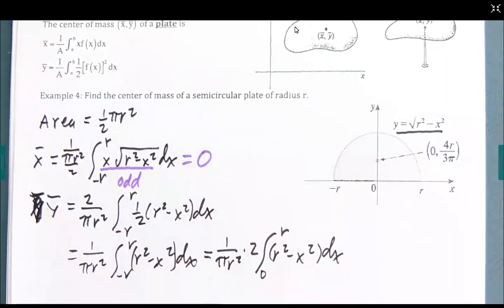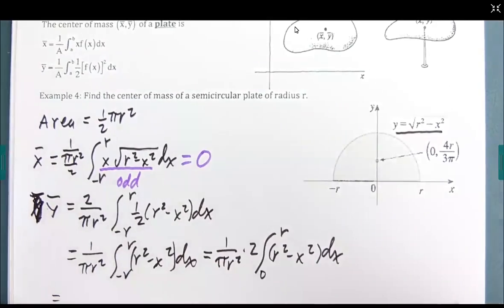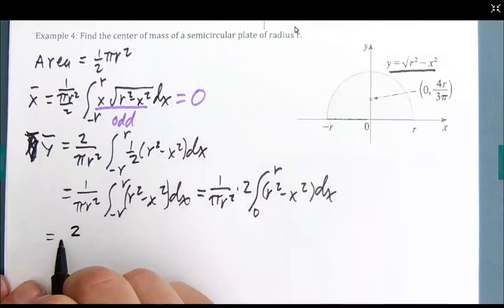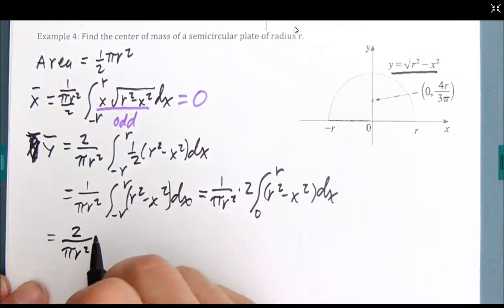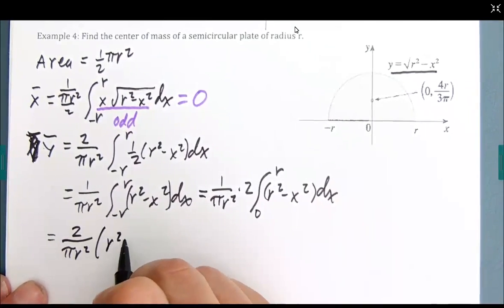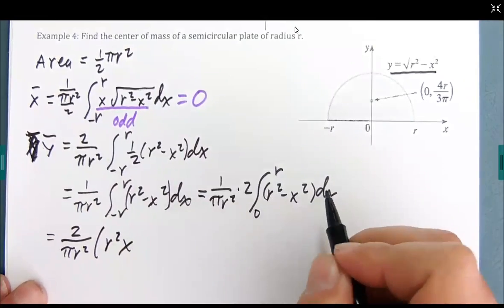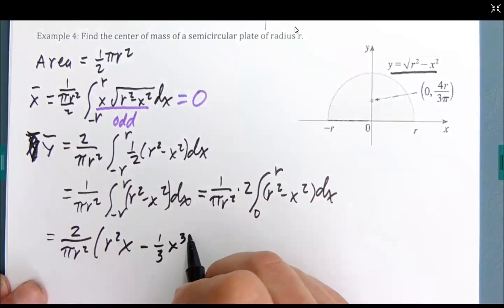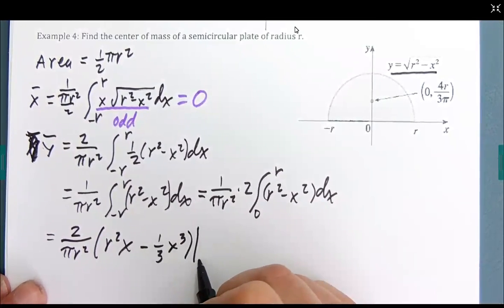All right, so we are going to end up with 2 over pi r squared times r squared x. Remember, r is a constant relative to x, minus 1/3 x cubed from 0 to r.